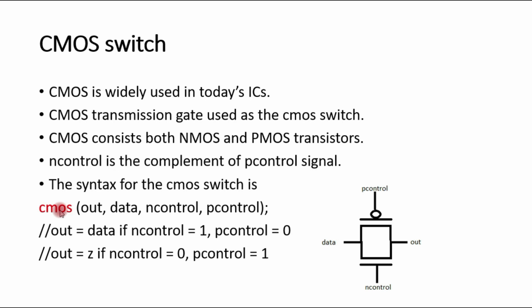The syntax for the CMOS transmission gate is given here: keyword CMOS, bracket, and at the start of this bracket the output terminal should be mentioned, then the input terminal, that is data, then N control, the gate terminal for the NMOS device, then P control, the gate terminal for the PMOS device.